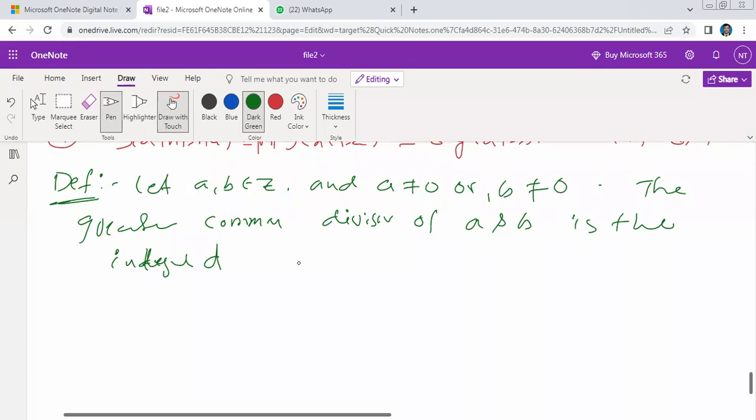That is, a and b are both integers, non-zero integers.